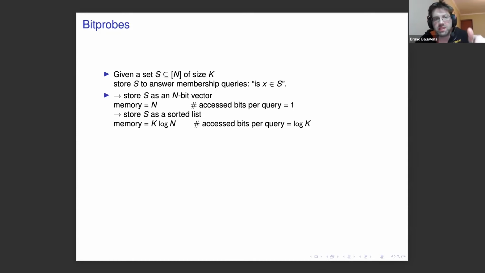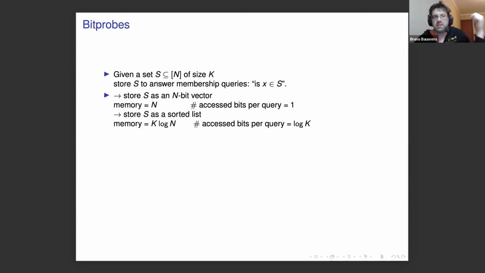But the problem is that if you want to know whether x is in S, you have to do binary search on the sorted list. And so the number of bits read per query is log k times log n. So that is a mistake on the slide.